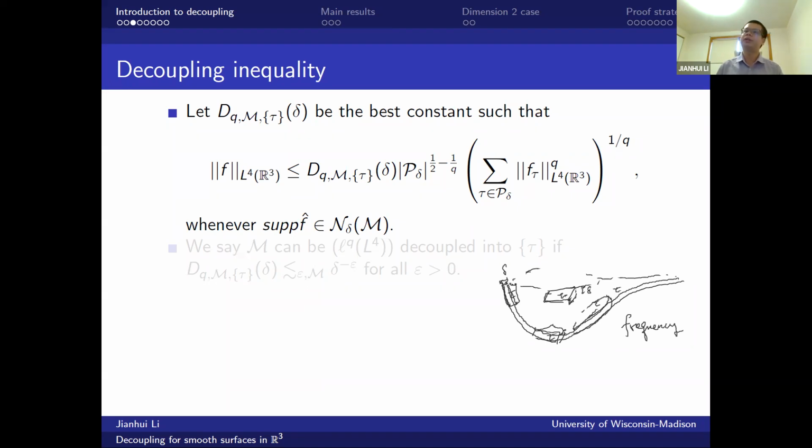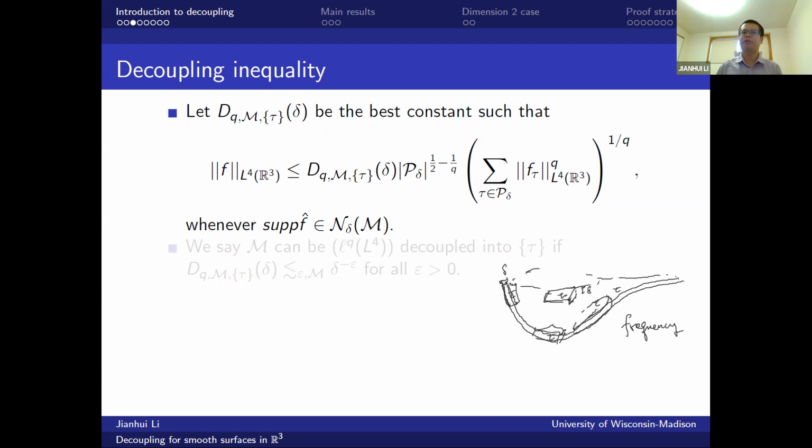We want to compare it with little L2 because of Plancherel: if 4 is replaced by 2, by Plancherel, we have the little l2, big L2 decoupling. That's trivial. But in the case of some curvature, we can do better. We do have big L4 decoupling for R3.